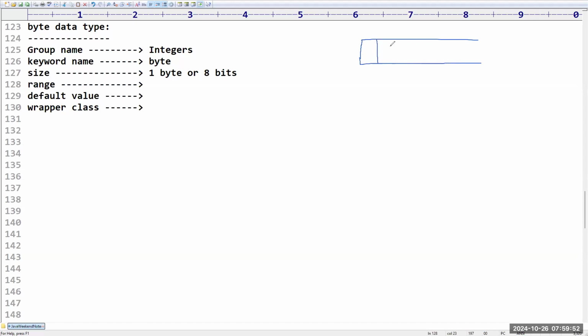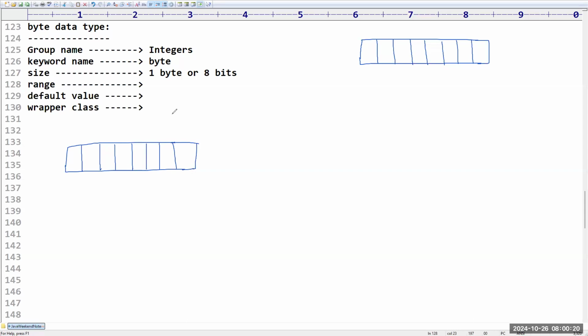This is the first bit, second bit, third bit, fourth bit, fifth bit, sixth bit, seventh bit, and eighth bit. Like that, total 8 bits are there. Sir, I want to take one more diagram here. First bit, second bit, third bit, fourth bit, fifth bit, sixth bit, seventh bit, and eighth bit.